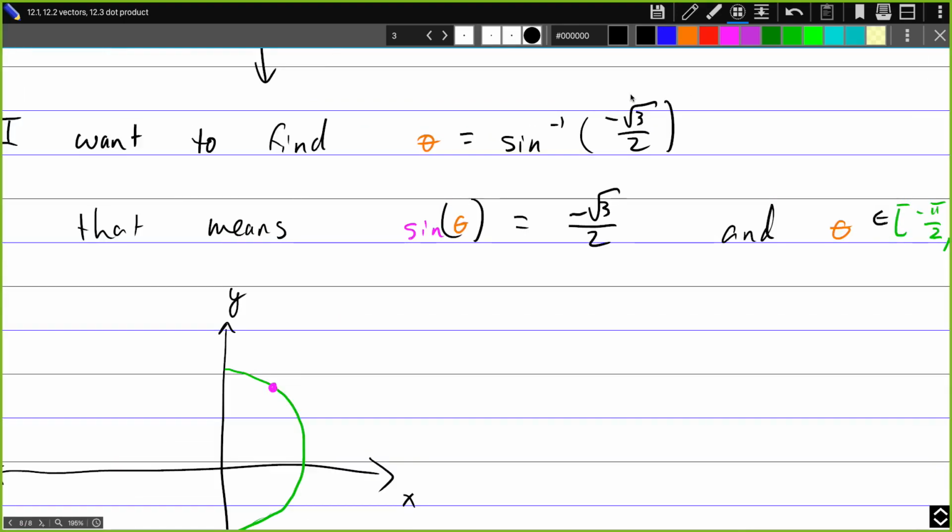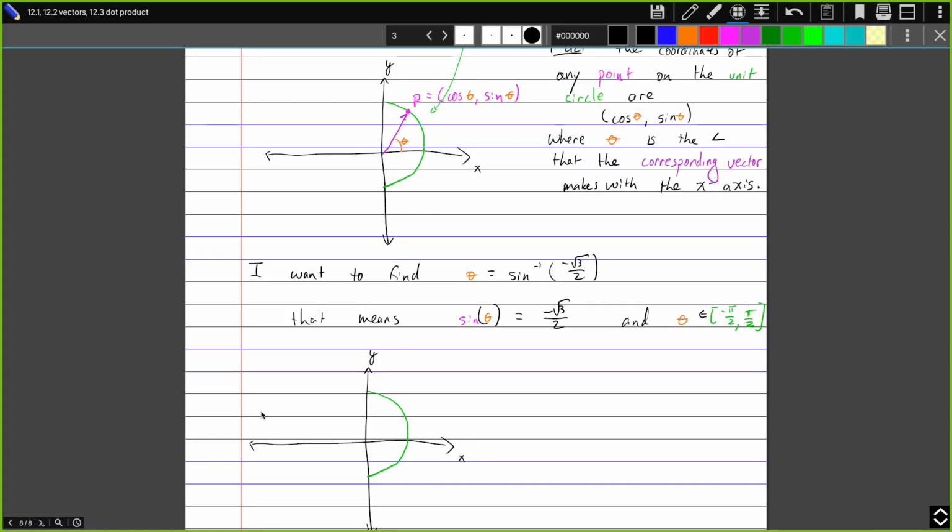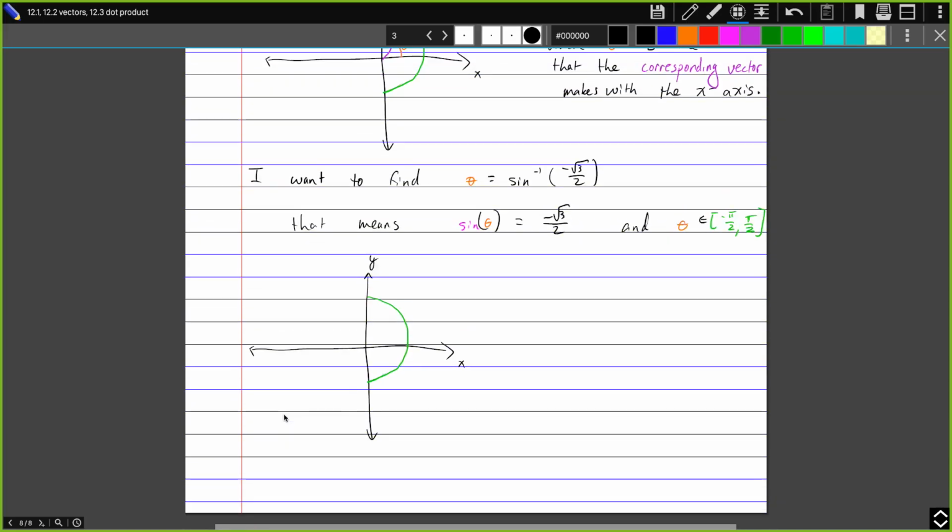Now I'm going to draw the points corresponding to the common angles. Let me make this a bit bigger also.